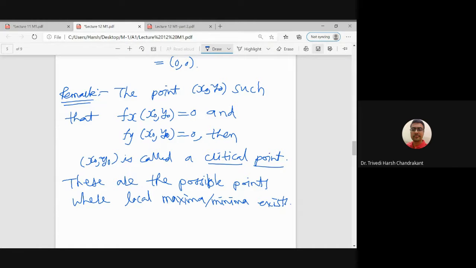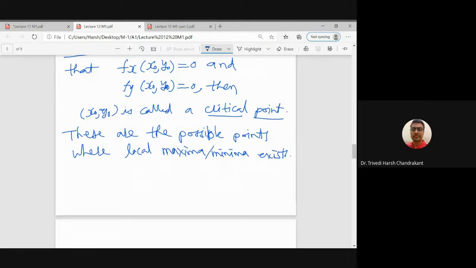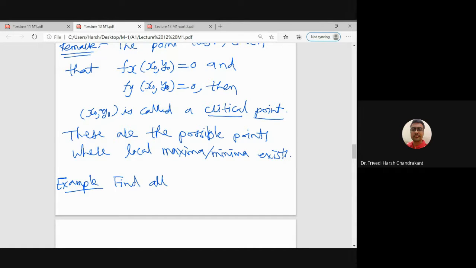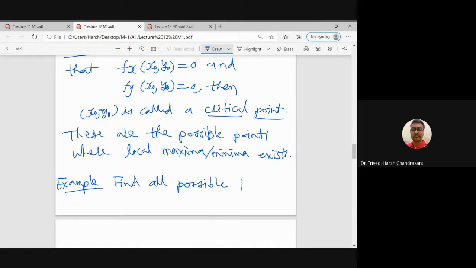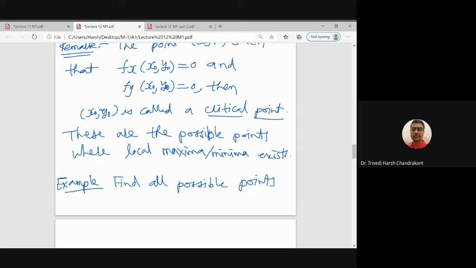Let us first do one example. Find all possible points of extremum for the function.